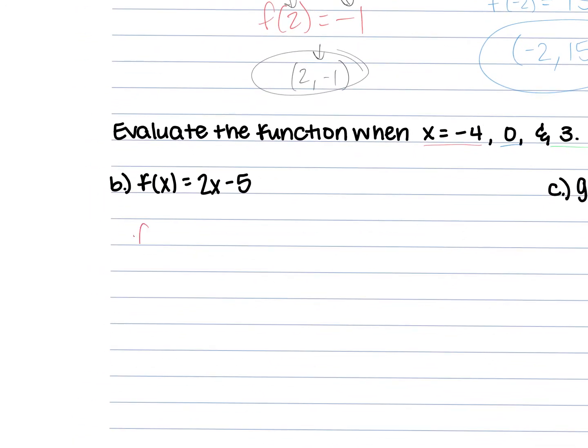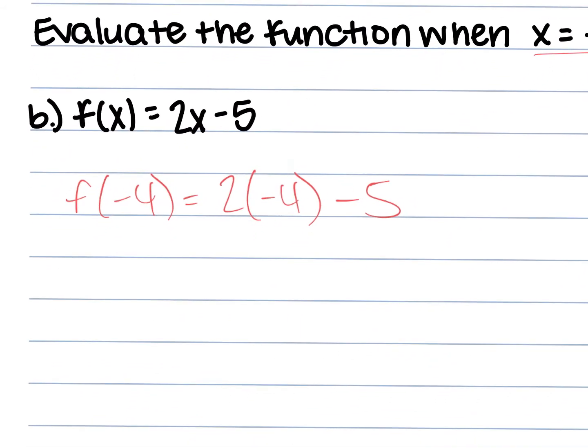Good. So it's going to be f and the parentheses 4. Not 4. Negative 4. Negative 4, yep. Equals 2 in parentheses negative 4. Excellent. Minus 5. Good. What does that mean when the 2 is next to the parentheses? It means multiplication. Good. So what am I going to get?